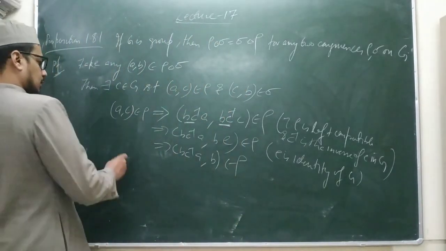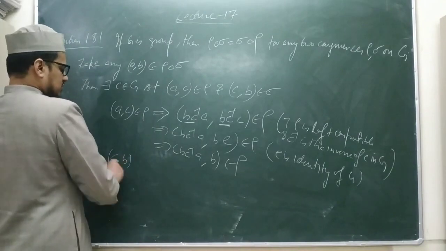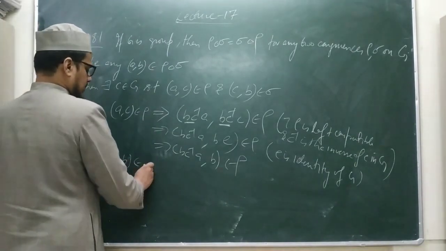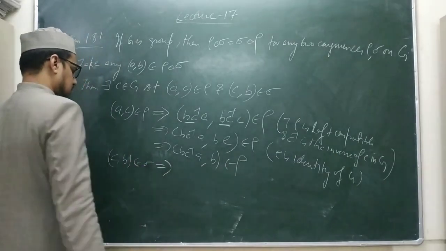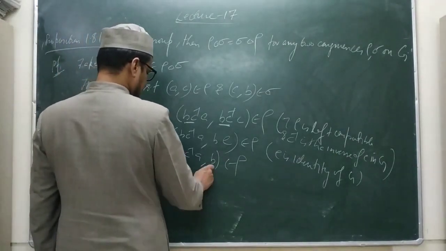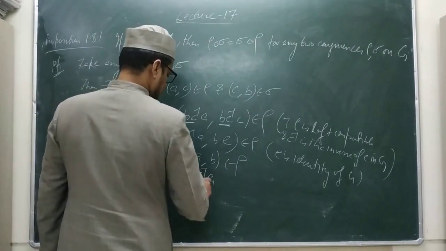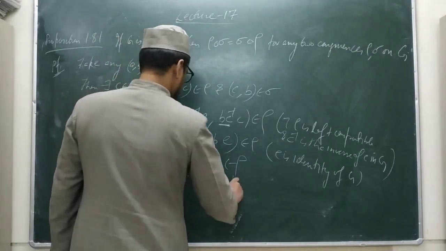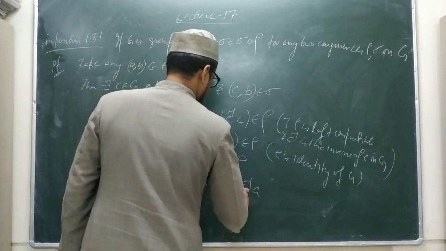Now we also have (C, B) belongs to sigma. Now we just post multiply by C inverse A, giving (CC inverse A, BC inverse A).